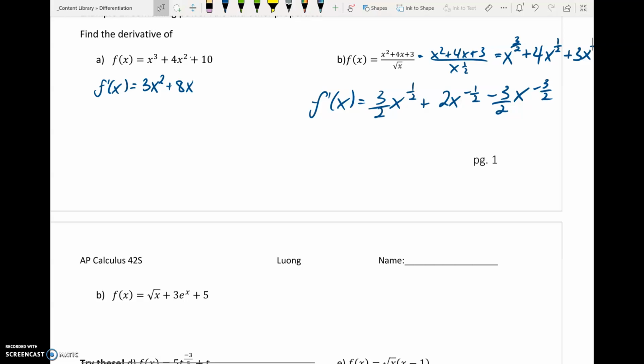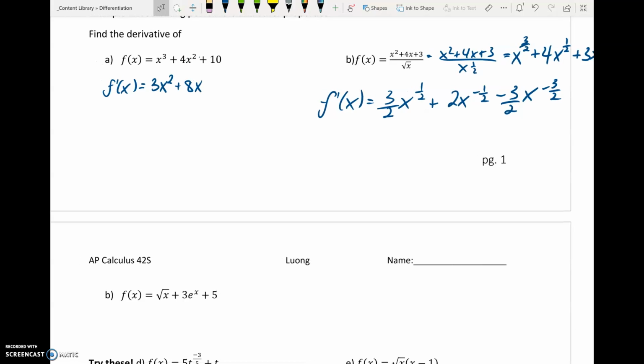Let's just do one more example here before you try it yourself. Again, same sort of principle, just do one term at a time. The square root of x is the same thing as saying x to the power of a half. You're going to bring the half to the front when you're taking the derivative, and then subtract 1 from the exponent.